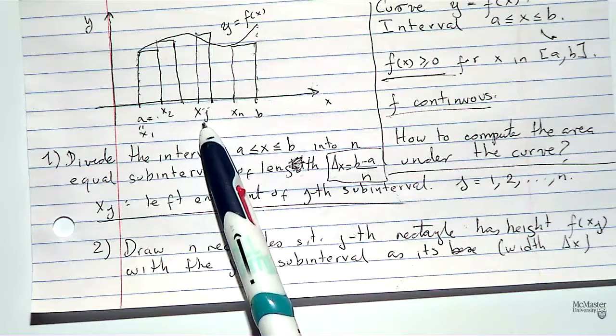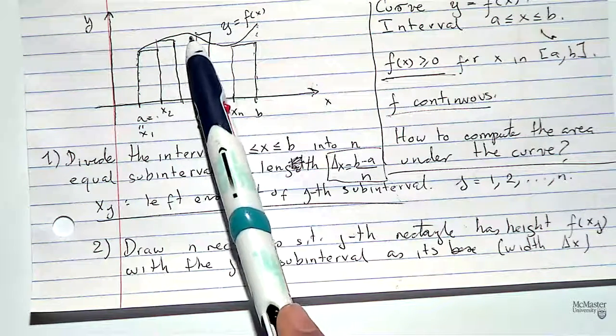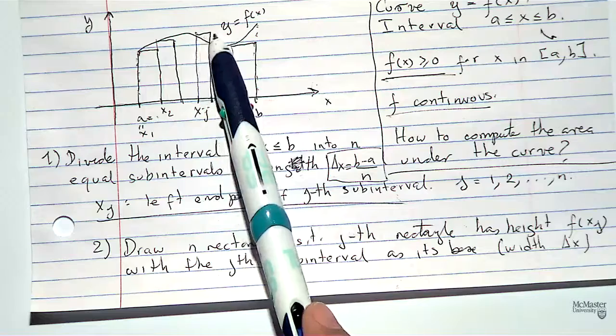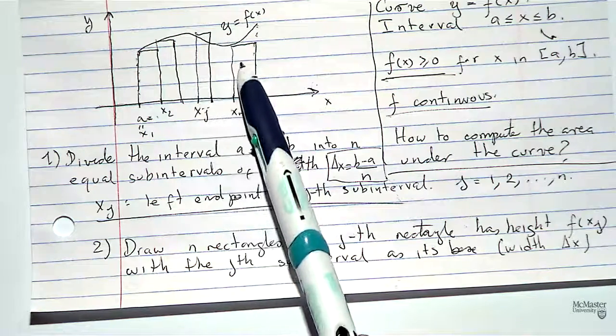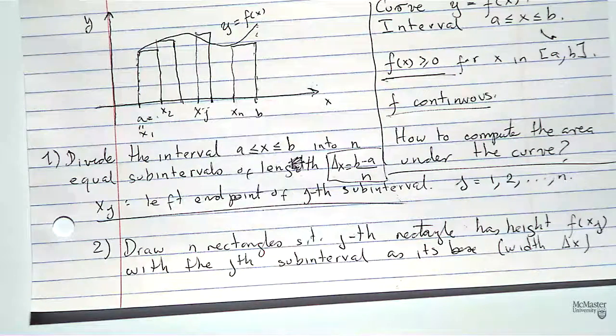This is the left endpoint, xj. I have taken the height, f of xj, and drawn the rectangle. And I do this also for the last one. So, of course, the approximation looks very coarse because I have chosen a size of the subintervals which is still big if you want. If you think about it in computational terms as a mesh, well, the mesh is quite coarse.